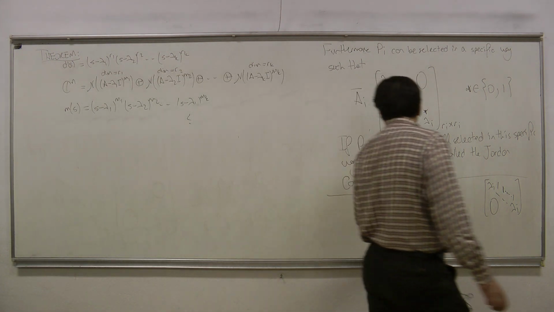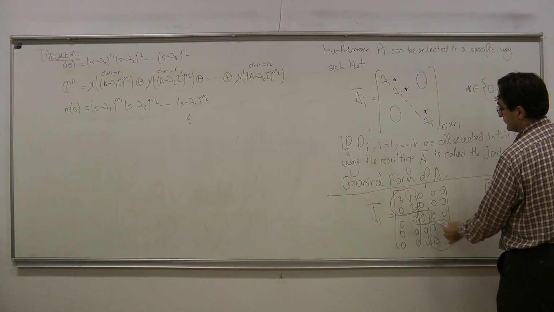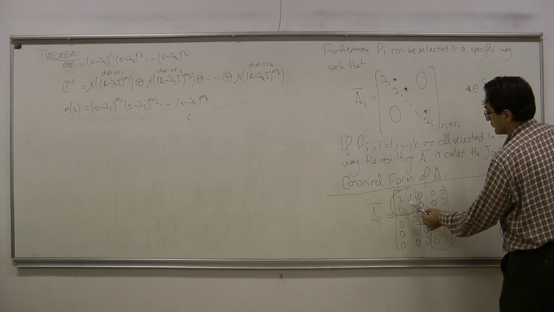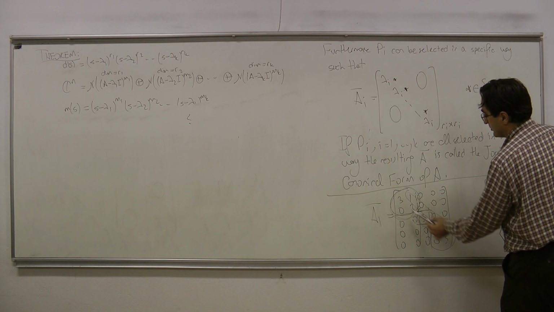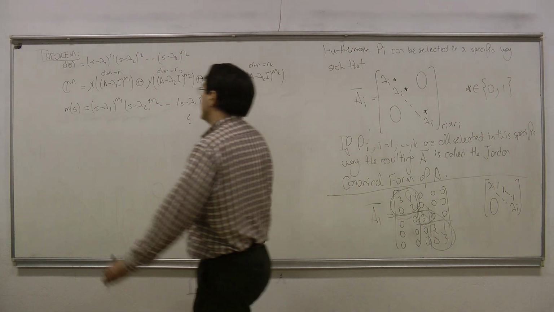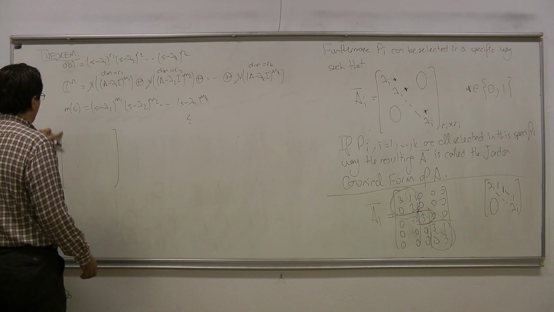In this case, this A1 bar would still be in this form with the stars, either 0 or 1, and I can divide it into 3 Jordan blocks. 2 have size 2 by 2, and 1 has size 1 by 1. So when I look at these Jordan blocks, they would be in the following form.